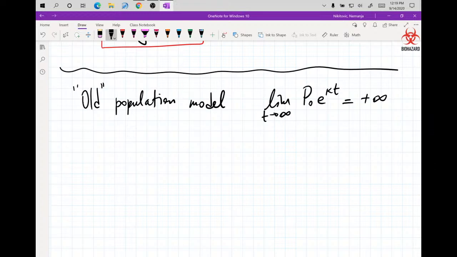And for that, we are going to introduce birth and death constants, rates, and we're going to go into details later. I believe it's, let me just see what section. 2.1 is just population models. So we'll go into details then.